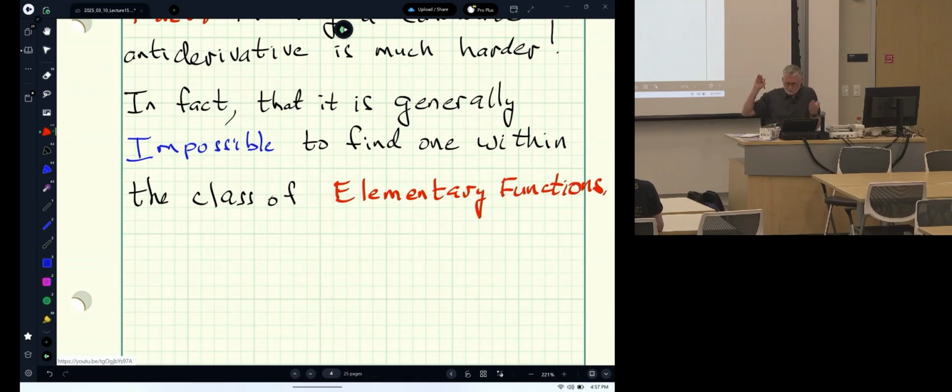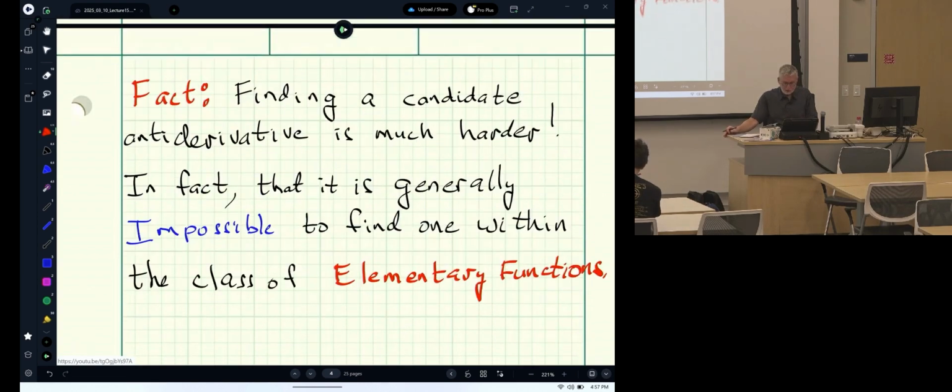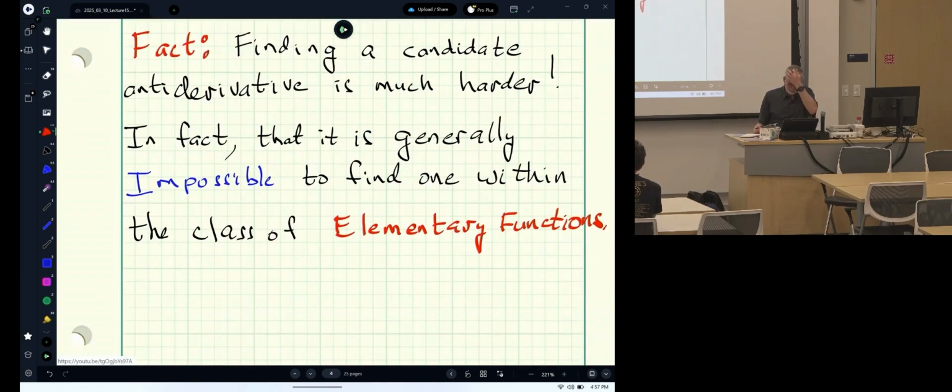We said like 3 words about this on Wednesday, 10 or 12 days ago. Elementary functions are things you build from sine and cosine, exponentials and logs, powers and radicals, and compositions of all of those operations. So you can build up tremendously complex functions, and the set of all of those is called elementary functions. If a function is elementary, its derivative is also elementary.